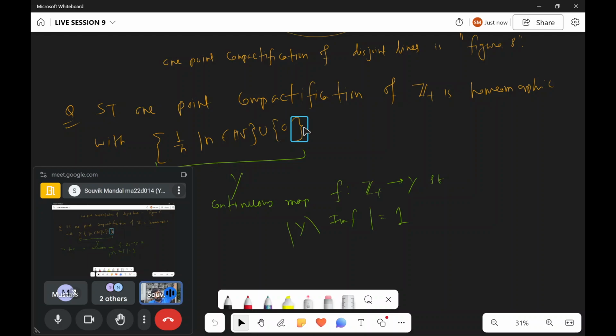Such a continuous function you need to define. So think about it and let me know. In the meantime, let's think about the next question.